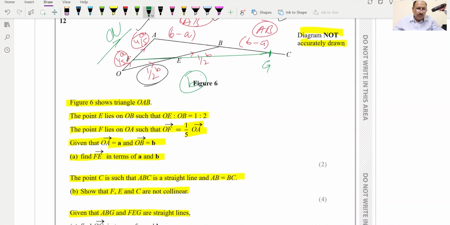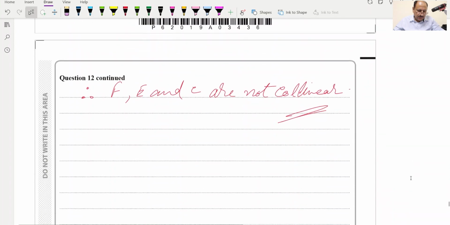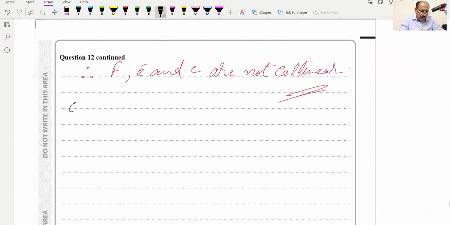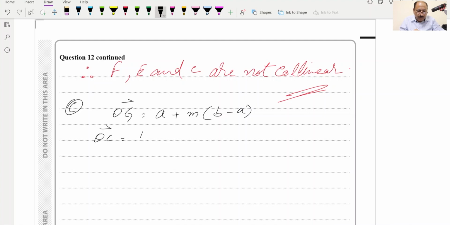So we can write here in C part, we can write the answer as OG, the position vector, will be equal to a plus m into b minus a, and OG, we know this one is equal to 1 by 5a plus n into minus 1 by 5a plus 1 by 2b.